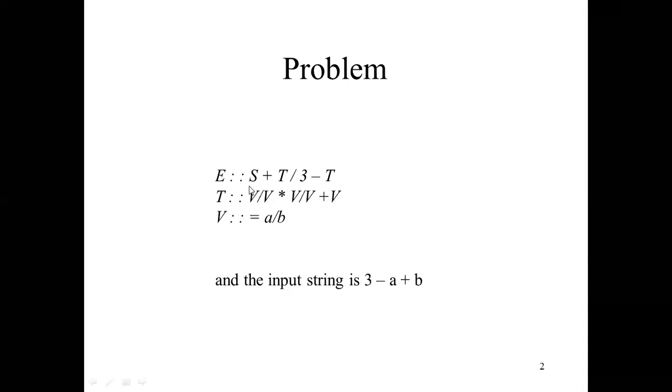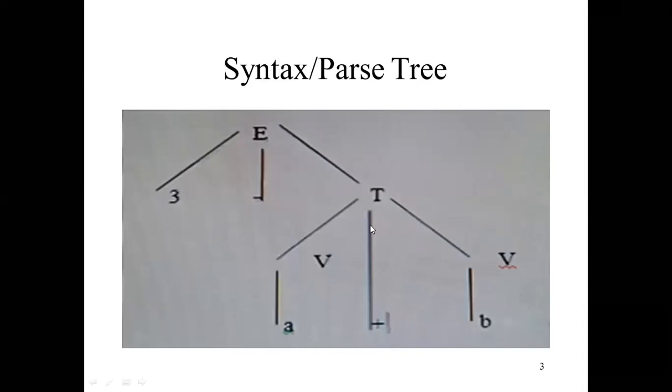We cannot choose the single V, otherwise we cannot get this complete input string. So we will choose V plus V, and for the value of V we have A or B. Now we can see here, we are going to choose the option for the T, V plus V, okay. And at the end, we will replace this V by A, because this is our need, okay.